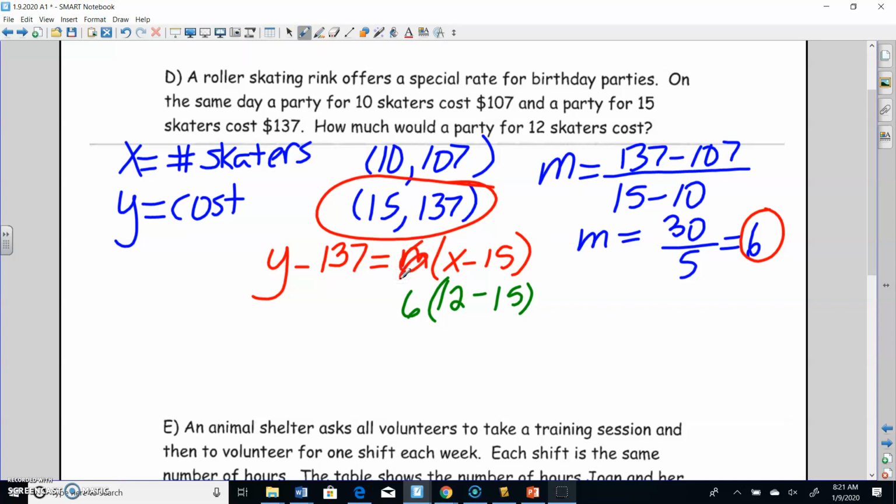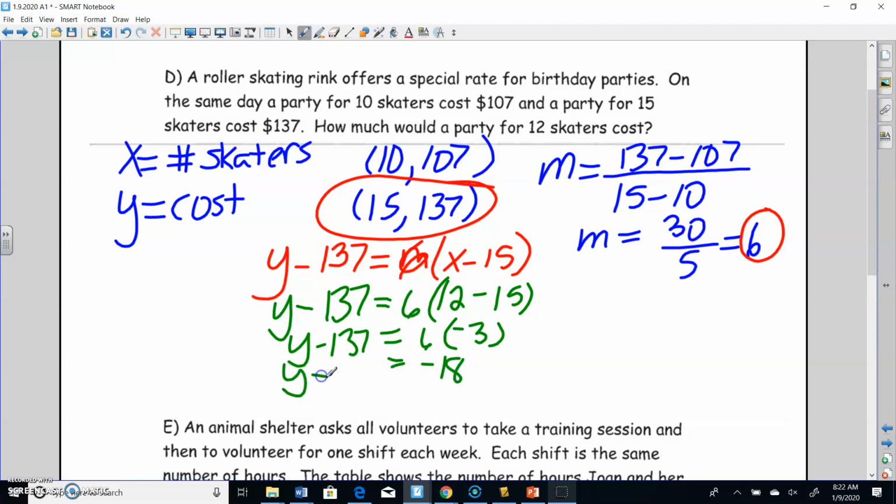Right there should be 6. And 12 minus 15 is a negative 3. And that would be a negative 18. I'm getting a little nervous because I'm working with the negatives.